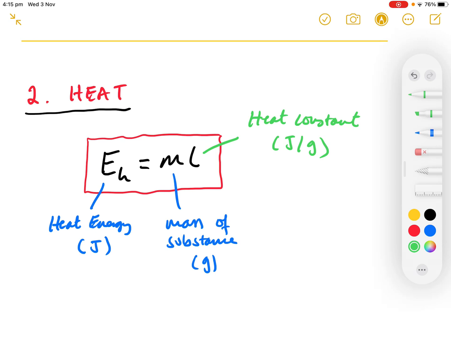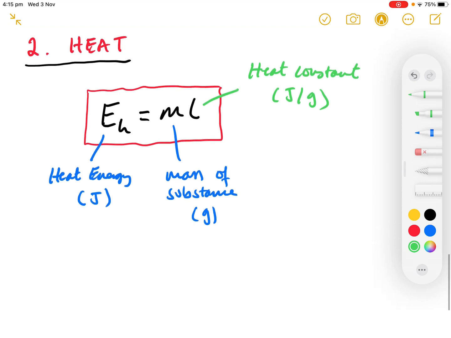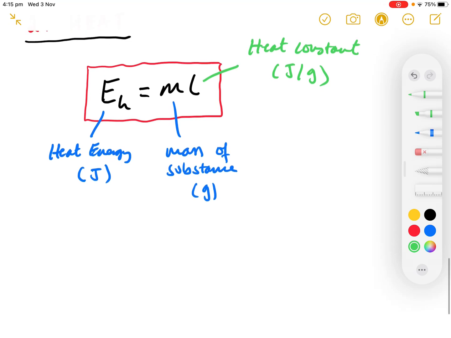So it's how many joules you need to change the state of 1 gram of the substance. Right, again, that equation will always be given to you on the front of the test or exam, and if you require it, you'll also be given the heat constant.